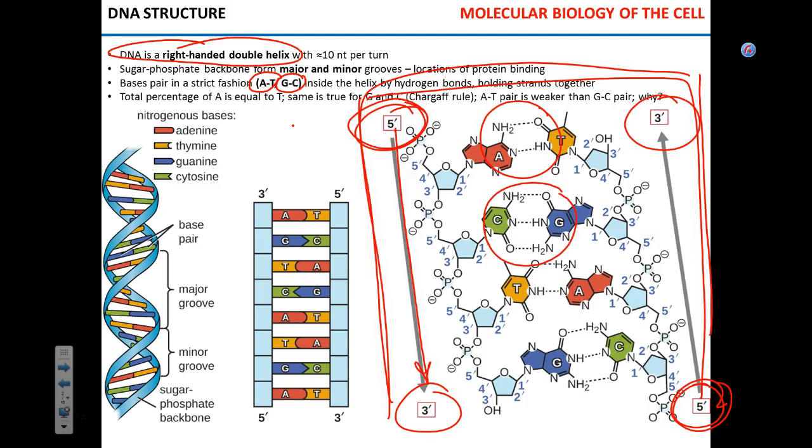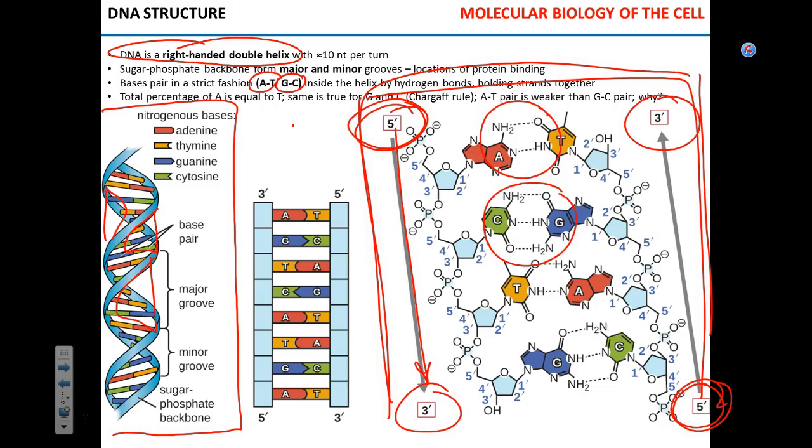Good. Now, if you would look at the picture on the left, here, a better representation of the DNA structure, you may notice the DNA molecule is a bit asymmetrical. And due to that asymmetry, the molecule has 2 grooves. The major groove and the minor groove.